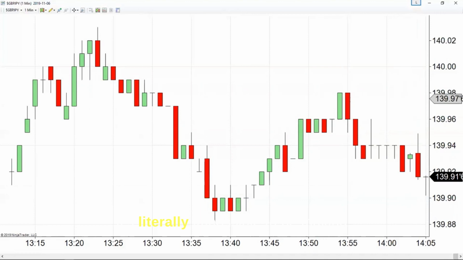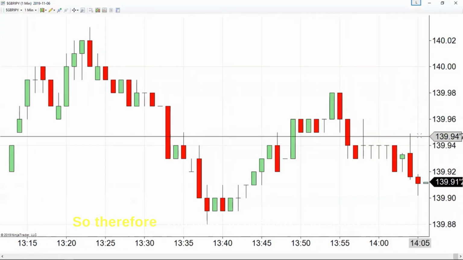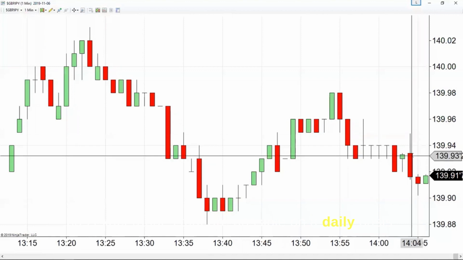It's literally impossible to be making 5,000, 10,000, whatever percent returns that people hope for in trading. First of all, you'd be a billionaire if you could do that. But secondly, it doesn't even move that much. So you have to quantify it in a way that has exact ranges that are possible on a daily basis.